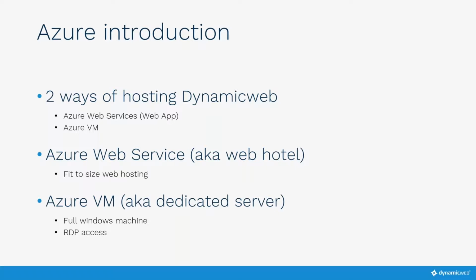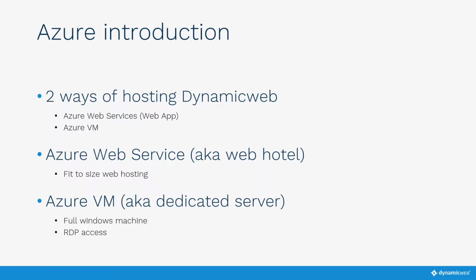And for the web server, we basically in Azure have 2 ways of hosting a Dynamicweb, and one of them is using the Azure Web Services, also known as a web app, and the other way is hosting on an Azure VM, which is basically the same as a dedicated server as you would get it in any other hosting environment. And the Azure Web Service is more like a web hotel, but it's also a bit different since it can be an isolated instance, and it can scale quite a bit compared to regular web hotels where you usually have a specific amount of resources available.